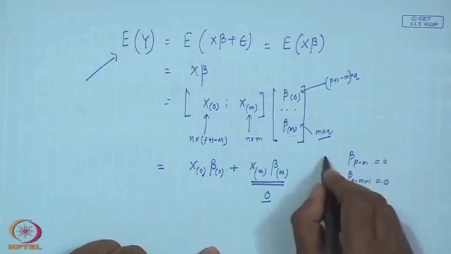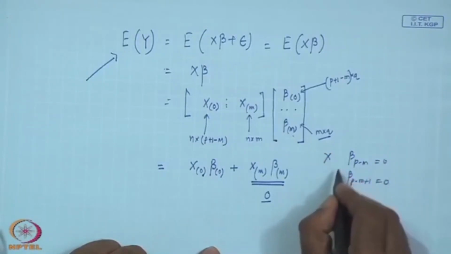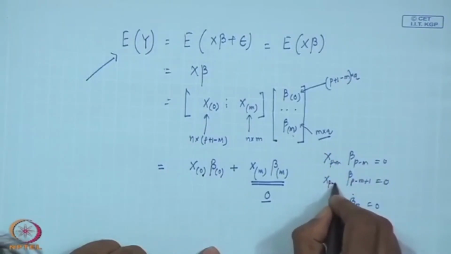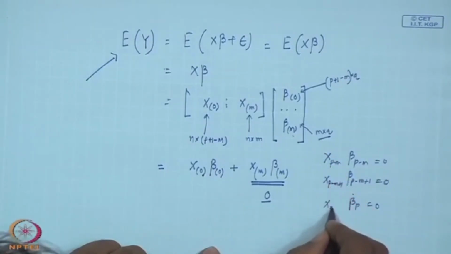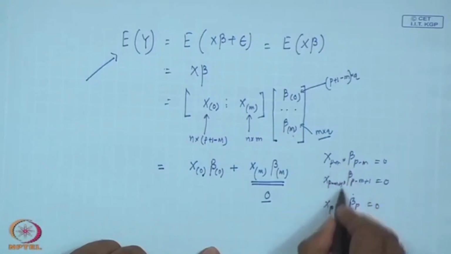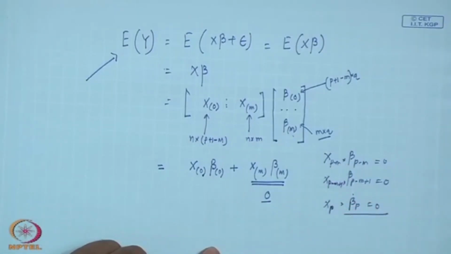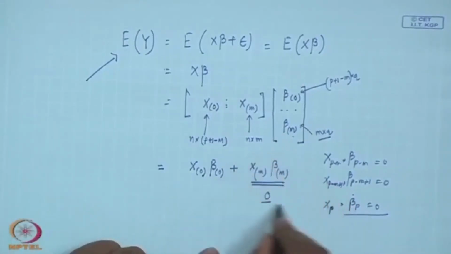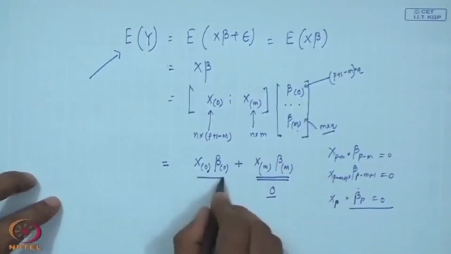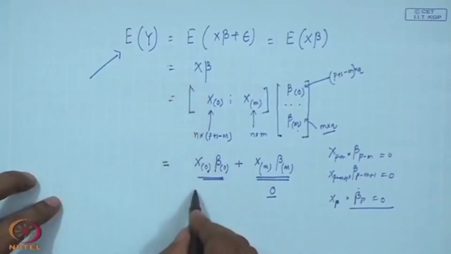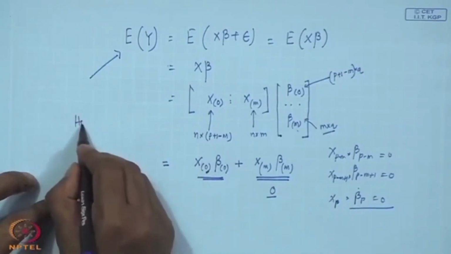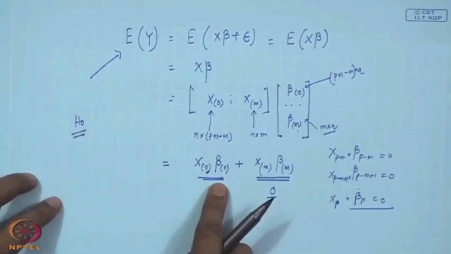Whatever you multiply this by, x p minus m, x p minus m plus 1 and x p, this resultant quantity also will become 0. So what I am saying here is that this expected value is dependent on this. We are using 0 to denote that under H0 this is the situation.